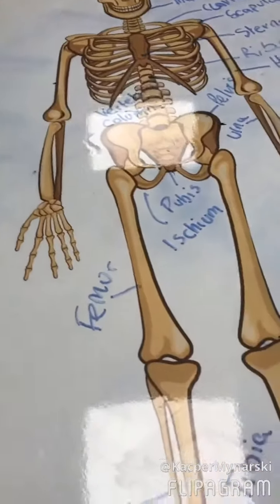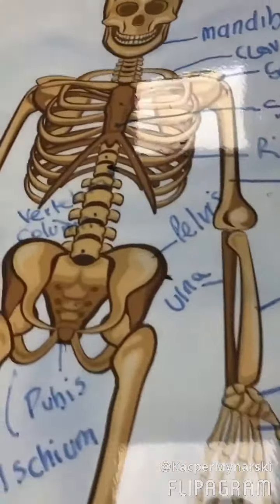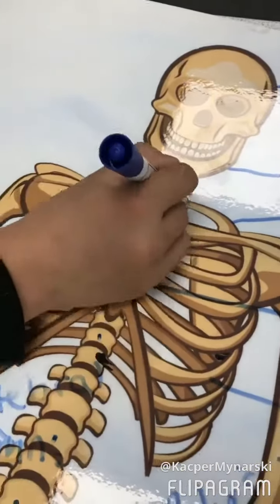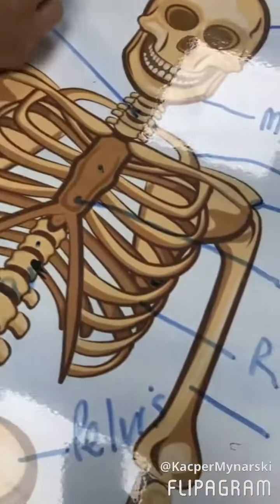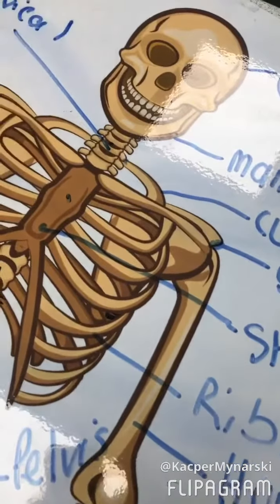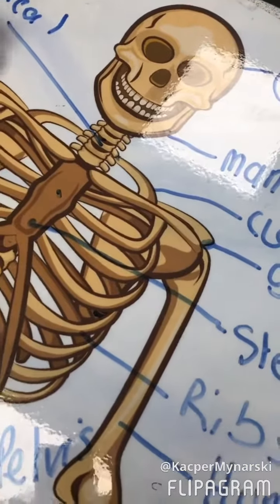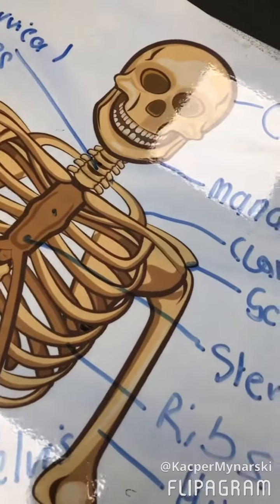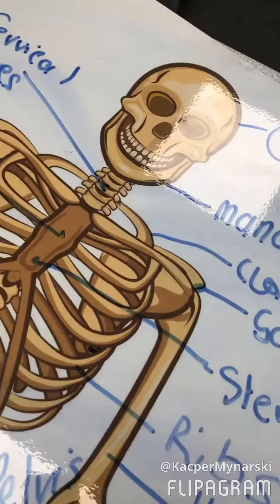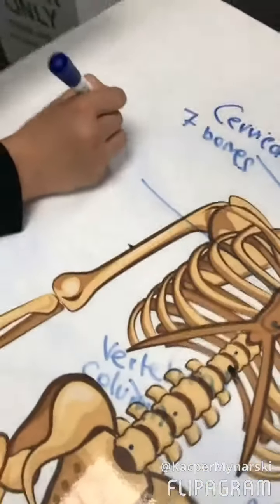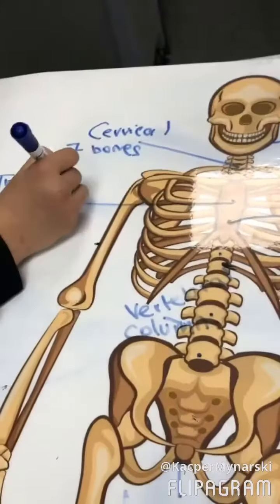I'm going to be doing the vertebral column. So this is the cervical, which has 7 bones. Now it's thoracic, which has 12 bones.